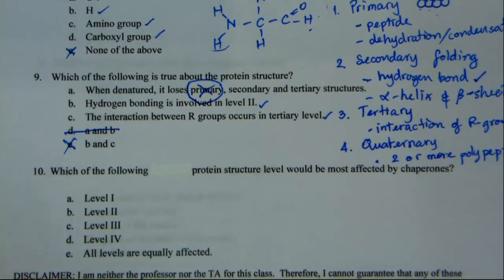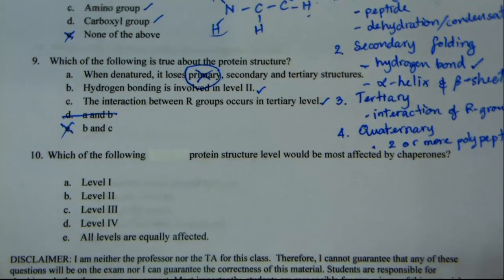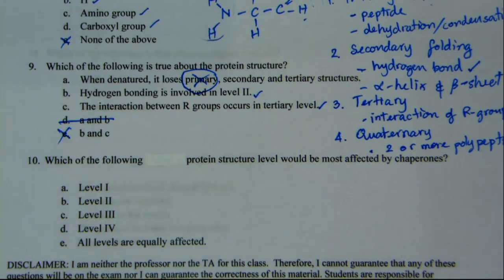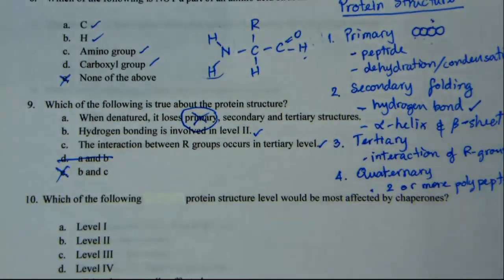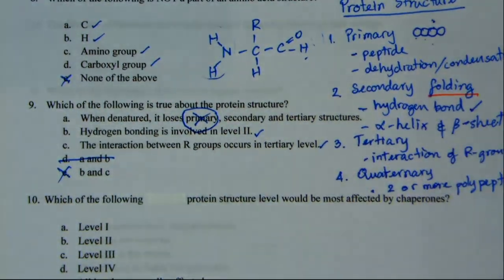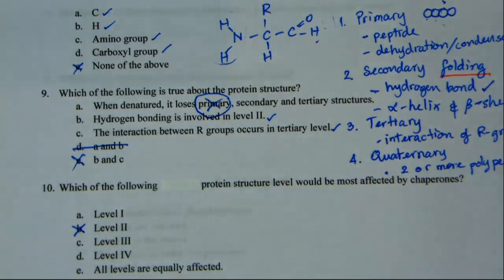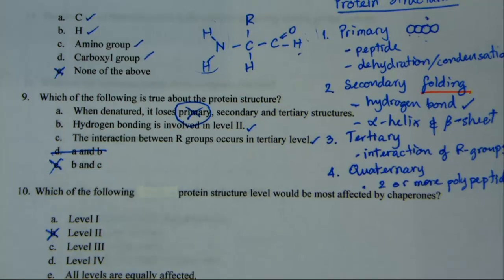So which of the following protein structure level would be affected by chaperone? Anybody remember what chaperone is? Chaperone is a protein that help in what? Folding. So if it's folding, we have the key word here, folding, right, earlier. So folding is what level? Secondary or level 2? So the answer here is level 2. Okay?